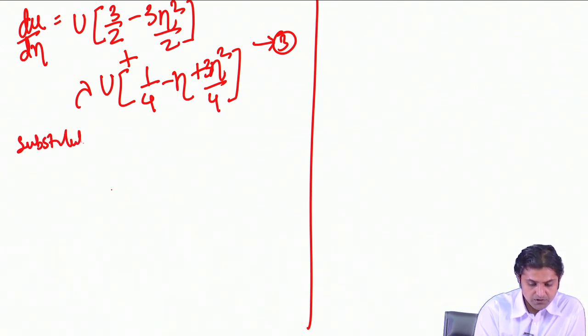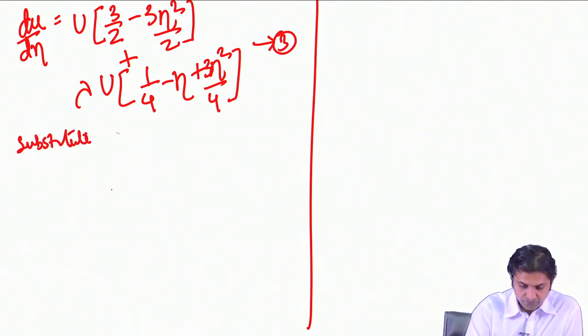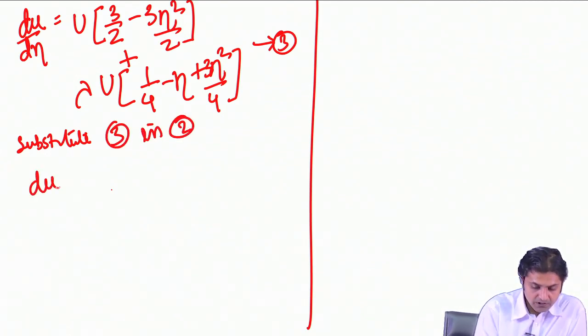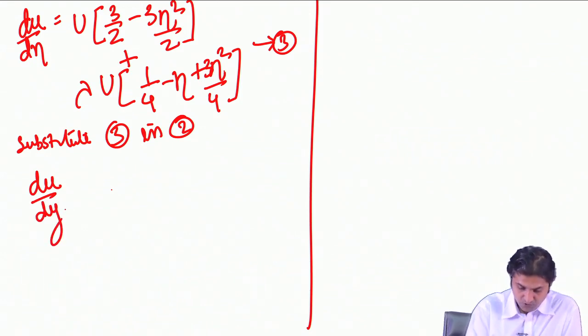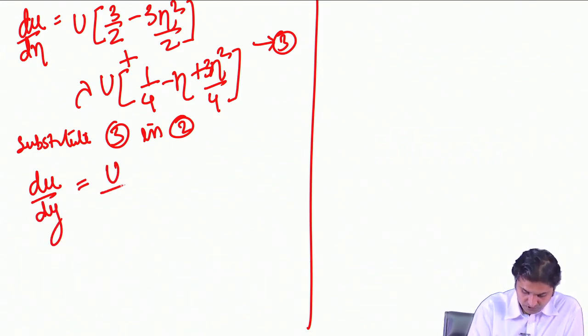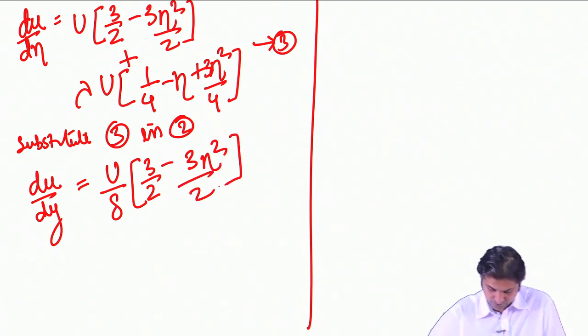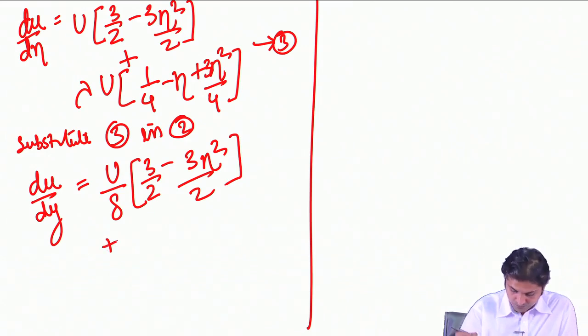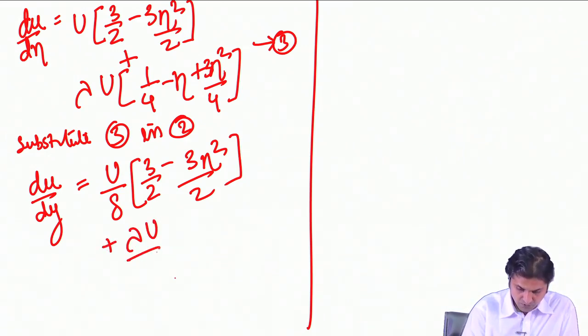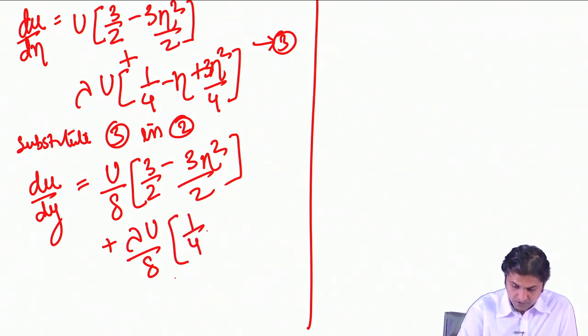Substitute 3 in 2, and then we get du/dy is equal to U/delta (3/2 minus 3 eta square by 2) plus lambda U/delta into (1/4 minus eta plus 3 eta square by 4).